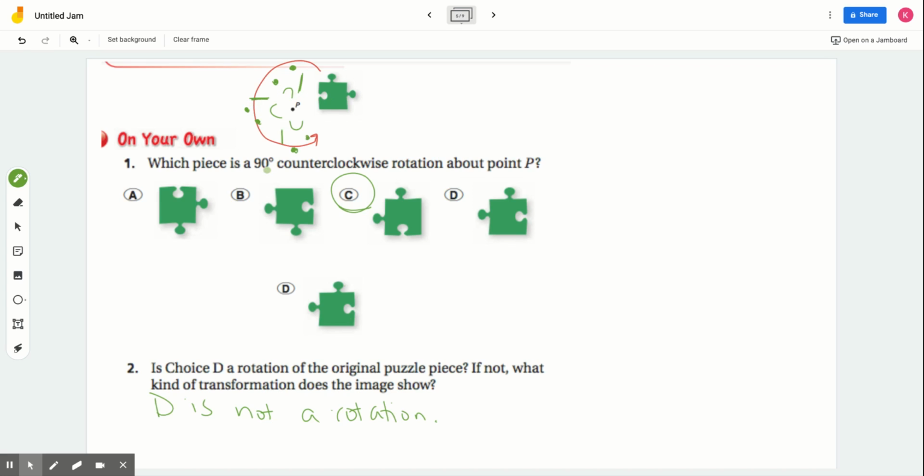So we know it's not a slide, it's not a rotation, so it must be a reflection. Now, if we sketch our reflection here, we can see that this is a reflection from the original image.